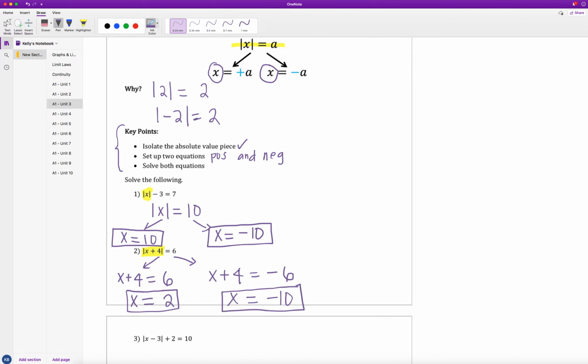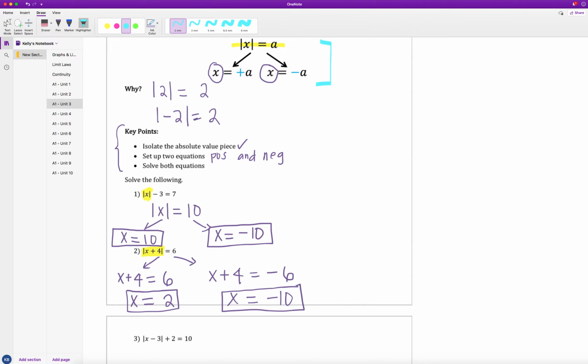Before we move on to our third example, I want to point something out that tends to be a common misconception. When we look at the definition up here that we have above, where we split into x equals positive a and x equals negative a, it's really easy to think that I'm always going to get the same number and I'll just get the positive and the negative of it. Now, that was true in example 1. That does happen sometimes.